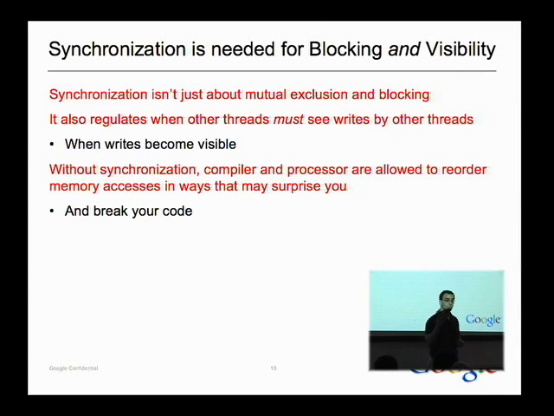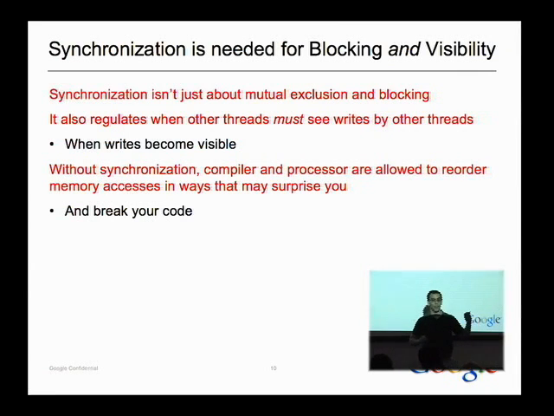So if I write to a variable in one thread, whether or not that write gets seen by any other thread is very heavily dependent on the kind of locking I used. And if you don't use the right kind of synchronization, the right kind of locking, then your compiler and your processor and the whole underlying system are allowed to conspire to destroy this.